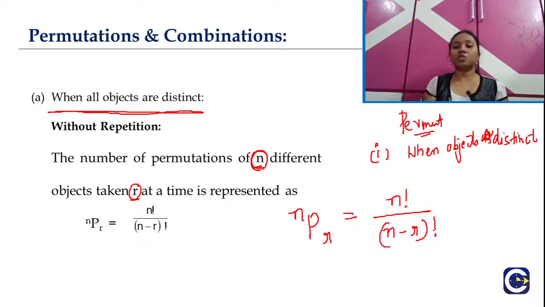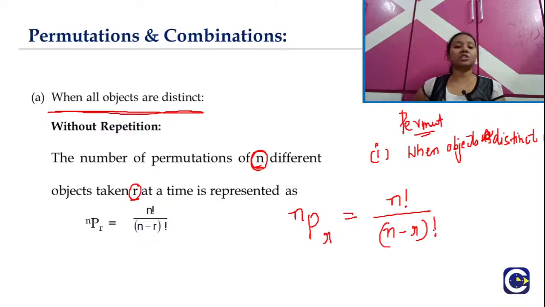You guys know how to find these n factorial and (n minus r) factorial values. That's why we discussed the factorial concept as a background of permutations in our previous session of permutations and combinations. Right. So this is the formula applicable when all the objects are distinct and we are considering without repetition.